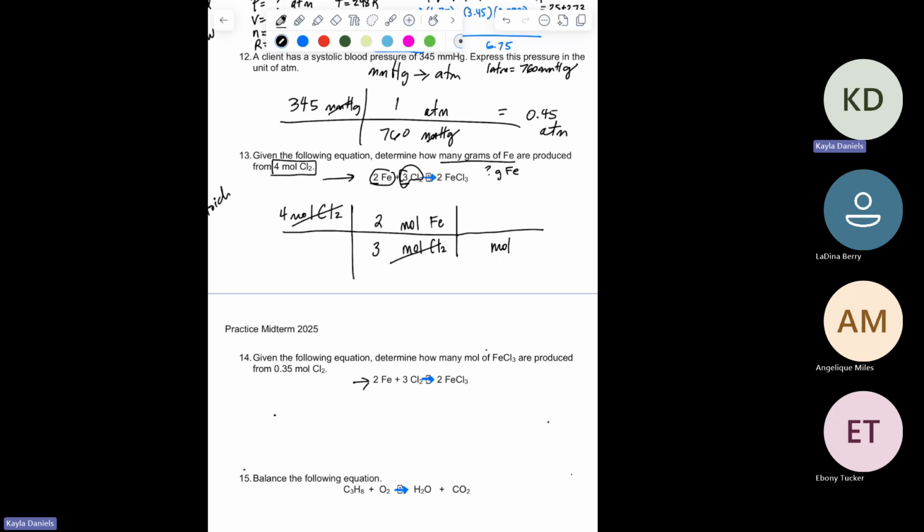Put moles of Fe on bottom and grams of Fe on top. Whenever I'm going from grams to moles, that's using the molar mass. Since it's just a single element, I can just find that on the periodic table. I forgot to look this one up, so I'm going to real quick do that. The molar mass of Fe, or iron, is 55.85.